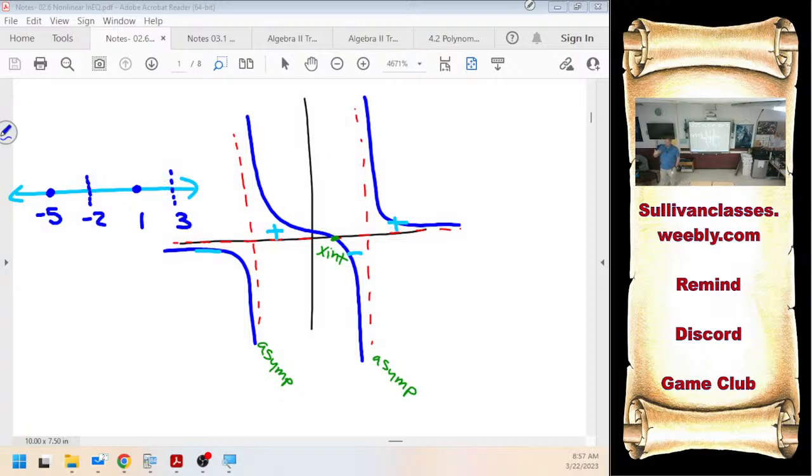I would put my little number line like this, and then I would test in those spaces and say maybe it was negative, positive, negative, positive, negative. Okay? So we're still going to do the same thing we were just doing. It's just you also have to find the asymptotes. X-intercepts and asymptotes.